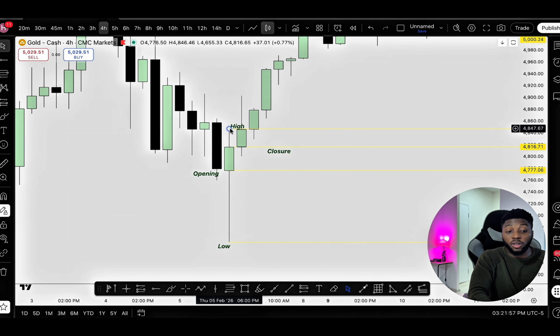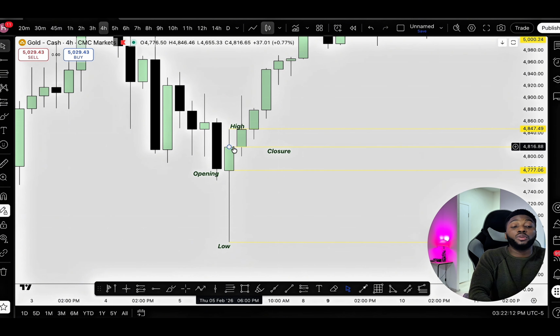It came back to this for now high, took it out again, then came down, took out the for now low again, gave us another for now low, and then went up all the way and ended up closing here.